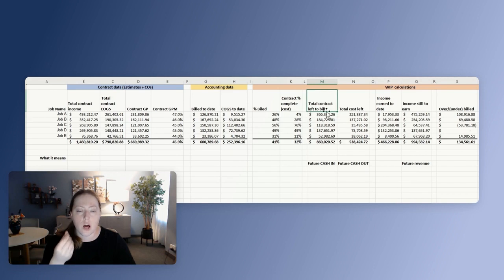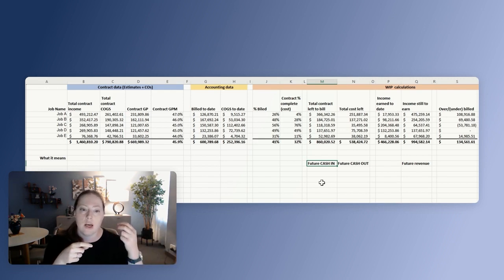For example, the total contract left to bill, which is the total contract price minus how much you have actually billed to date, is how much you still need to bill. That is very useful if you're trying to project the future of the business, because it tells you how much cash is still coming in, so you know exactly how much you're still going to get in the future months.